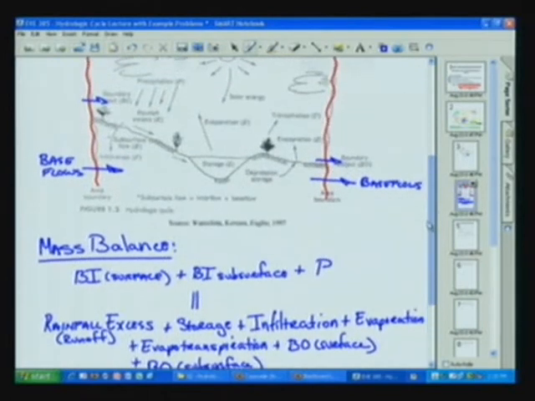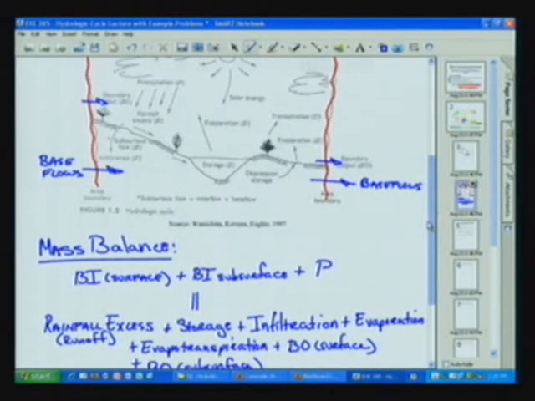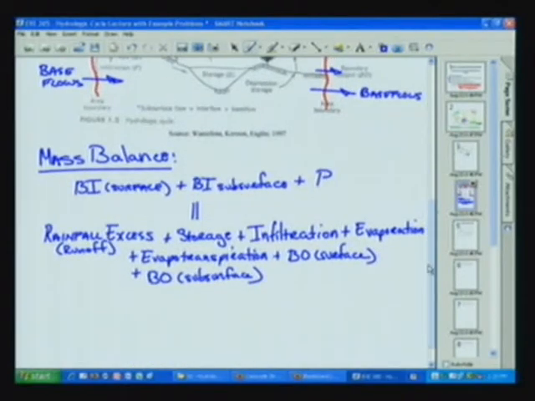And I do not think I have missed anything there. Nope. Okay, so that is a mass balance on a large system, large time step, where you'd be doing hydrologic planning.